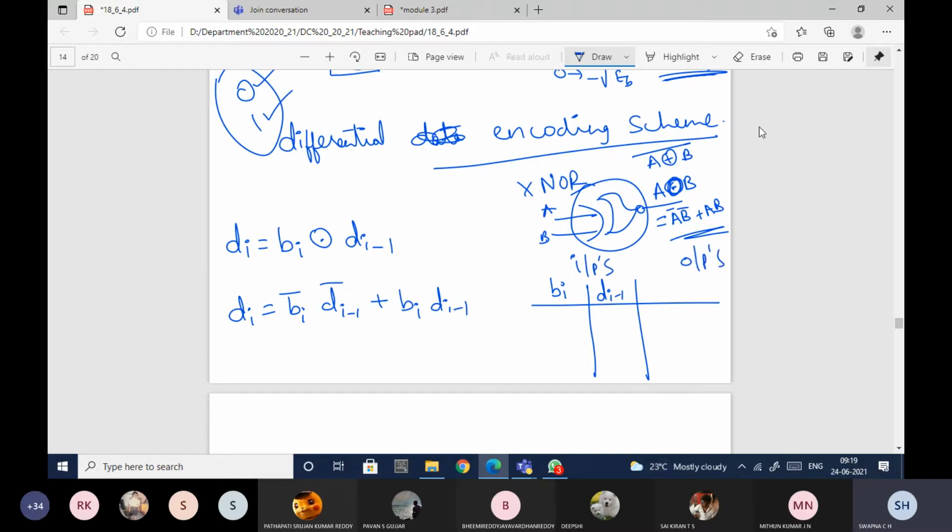I'm writing the truth table. In the truth table I'll have the relationship between input and output. Here if you observe, I have two inputs, so I'll have four combinations: 0 0, 0 1, 1 0, 1 1. And Bi XNOR with Di minus 1. Can anybody tell me the output values of your XNOR operation?